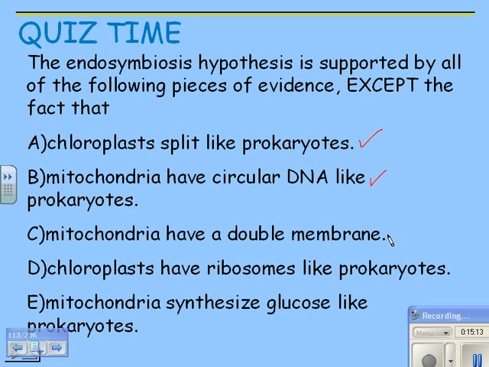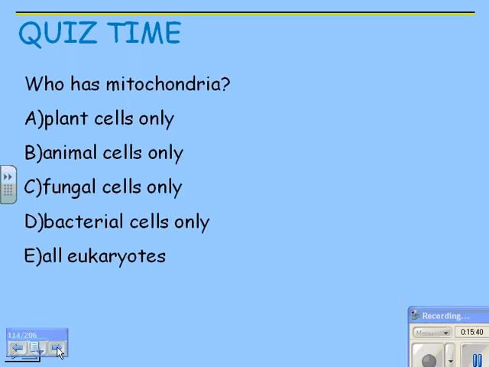Mitochondria have a double membrane, that's true, and it does support the theory, because if bacteria came into a eukaryotic cell, the eukaryotic cell would have had to invaginate like that, and you would have gotten the cell membrane around them. Chloroplasts have ribosomes like prokaryotes, that's true. Mitochondria synthesize glucose like prokaryotes? That means make glucose. Nope, mitochondria don't make glucose. So that's the one that's wrong.